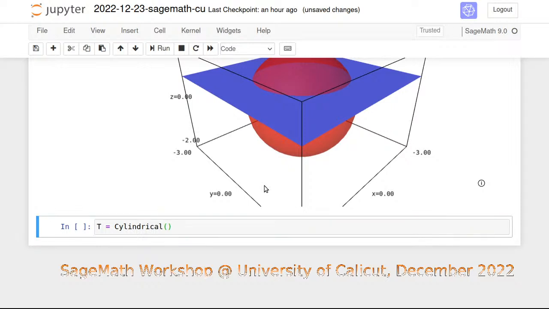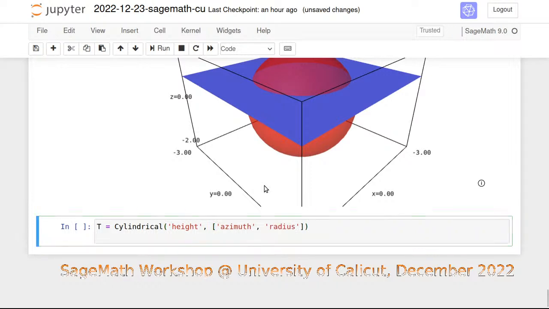So we are going to define a cylindrical transformation like this. The first parameter is the height parameter we need to specify. After that, there are two optional parameters, which is not really necessary: the angle and then the radius. We need to add this line first of all. After that, now we are going to transform. So transform is a special command.